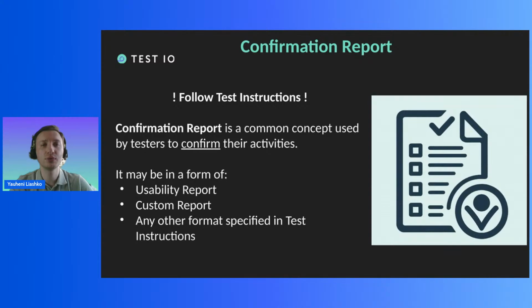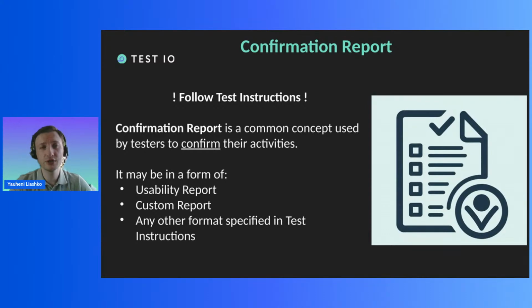Why is it important to follow test instructions? Because right now, some customers may require this report in different forms. Sometimes it may be a usability report. Sometimes it may be some custom report that you need to submit at test.io. It may be any other format specified by the customer in test instructions.